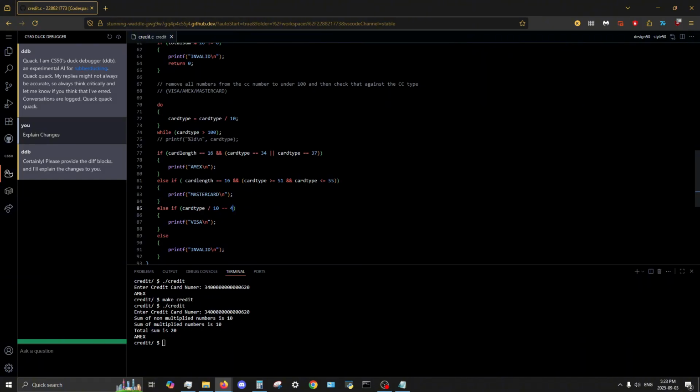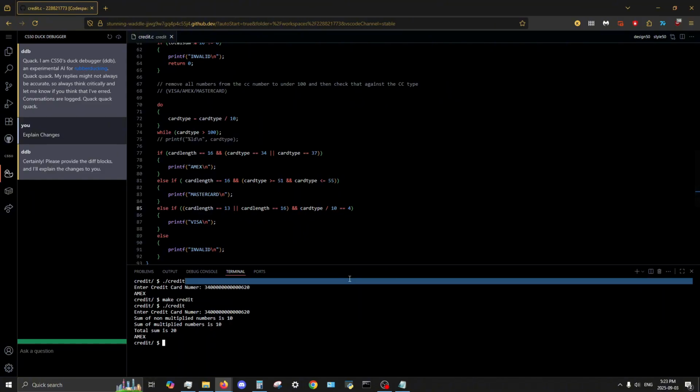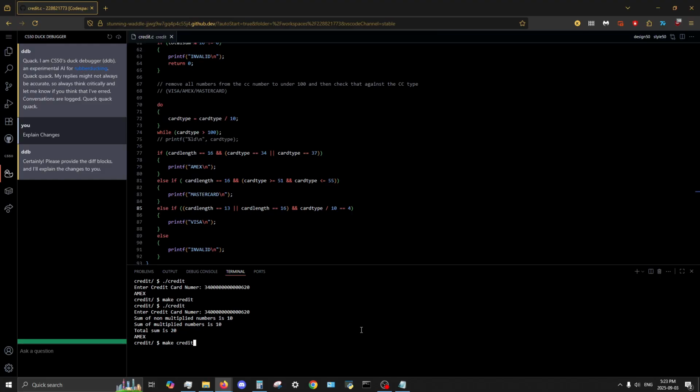And then here else if card length equals to Visa is 13 or card length equals to 16, and card type divided by 10 is equal to 4. Let's see.